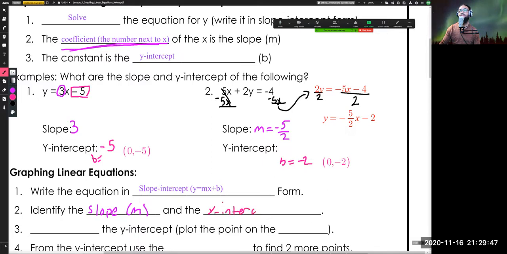Our y-intercept is that b value, which is the constant term.